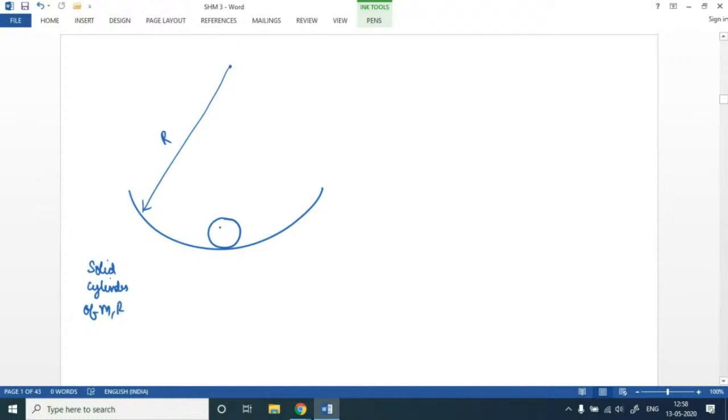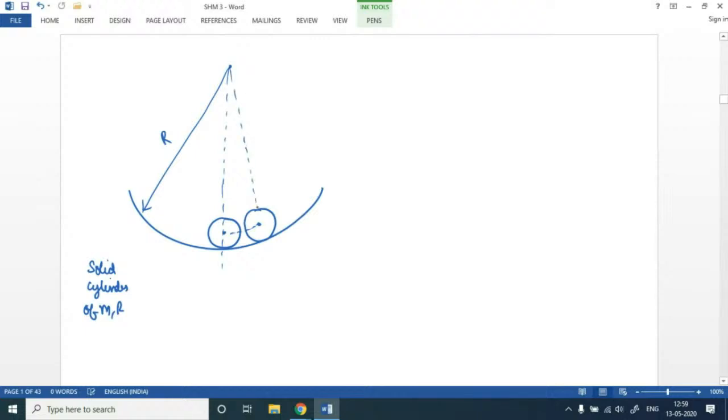Right now it is in stable equilibrium, because the net force and net torque acting on this cylinder are equal to 0. If it is displaced slightly, for example from this position to this position, its center of mass would move somewhere here.